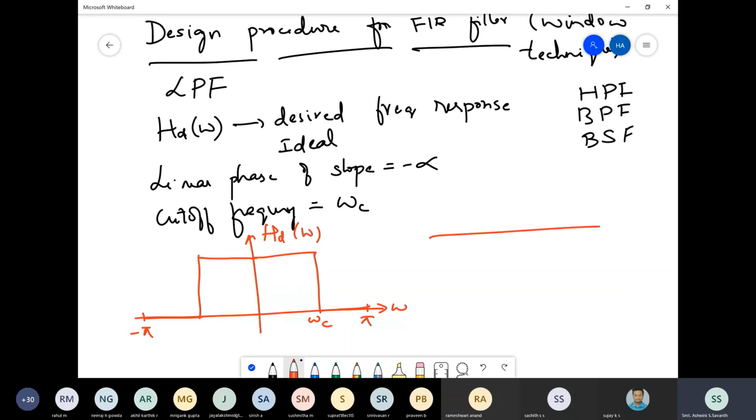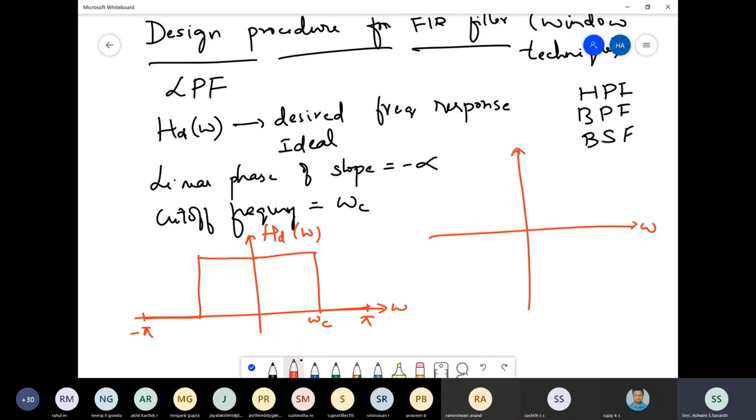And how does your phase response look? We talk about a phase response for an FIR filter, whereas for an IIR filter we don't worry so much, because for an IIR filter the phase could change. It may be linear, it may not be linear.